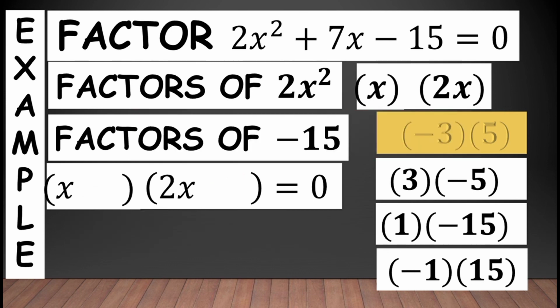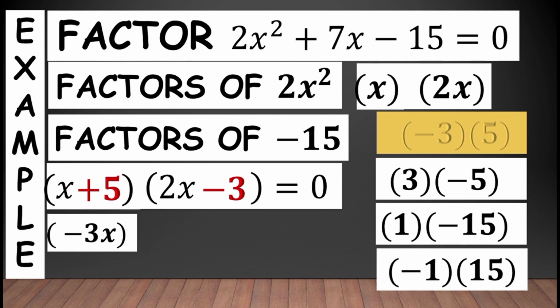In this case, let us try to swap these two factored terms. We will utilize 5 and negative 3. So our factored terms are quantity of x plus 5 times quantity 2x minus 3 equals 0. Again, multiplying x and negative 3, the product is negative 3x.